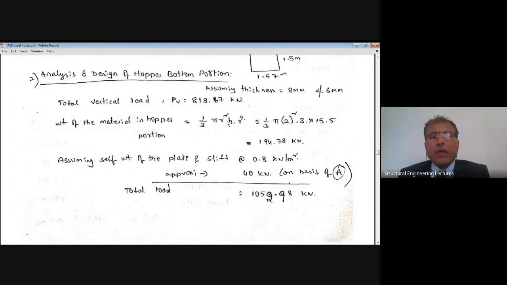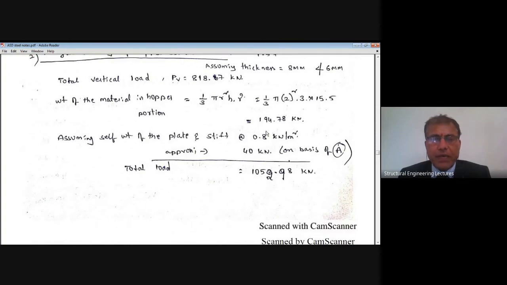There, the volume of the conical frustum is 1 by 3 pi r square h, with radius equal to 2, h, the height of the hopper bottom, is 3 meter, and the density of the material stored is 15.5 kilonewton per meter cube. Now it works out 194.78 kilonewtons, the weight of the material in the hopper bottom.